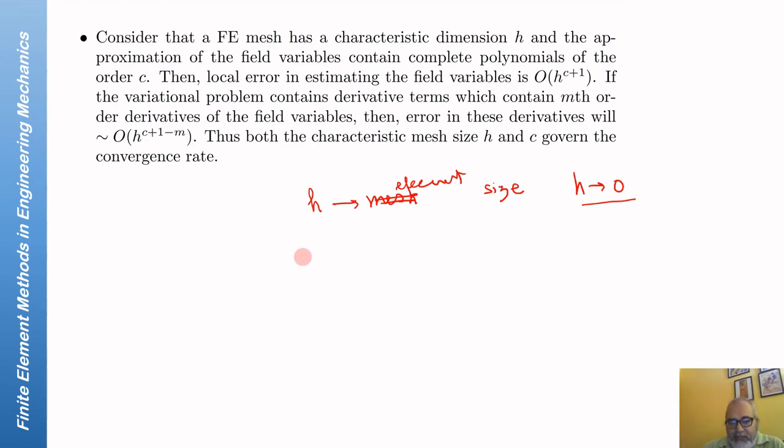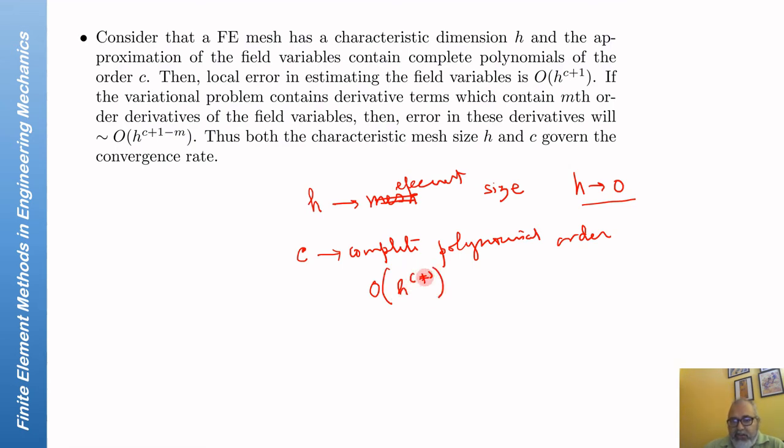But in general, if you have a complete polynomial of order c hidden in your trial functions, then the error in estimating the field variable, so the error in estimating, let's say, the displacements u and v, would be of the order of h to the power c plus 1.